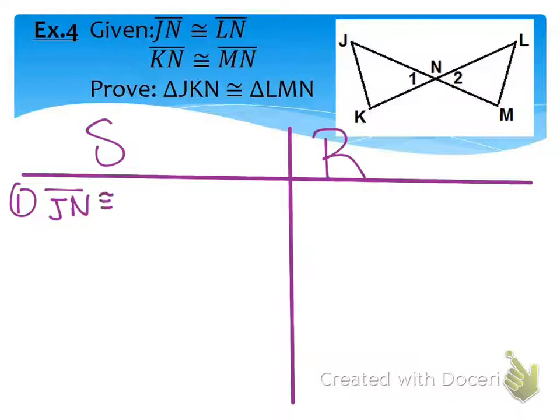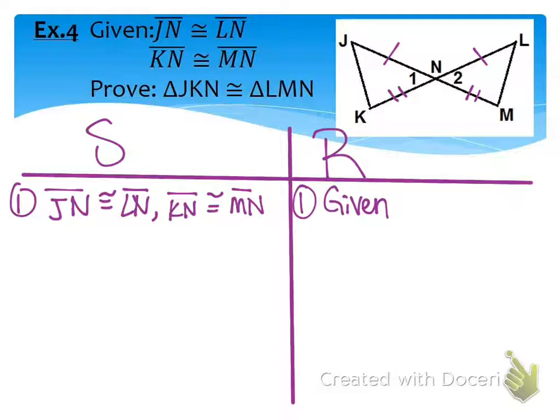So JN congruent to LN and KN congruent to MN. If we want to go ahead and mark those in the diagram, we can. JN, LN, KN, MN. And of course we know all of that because it was given to us.